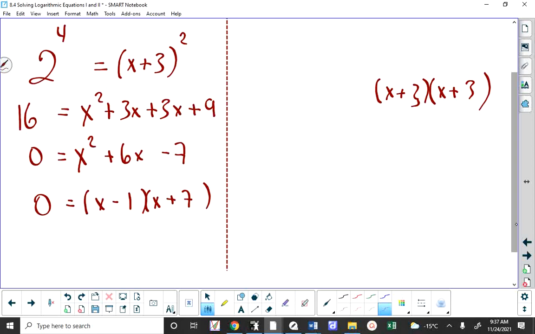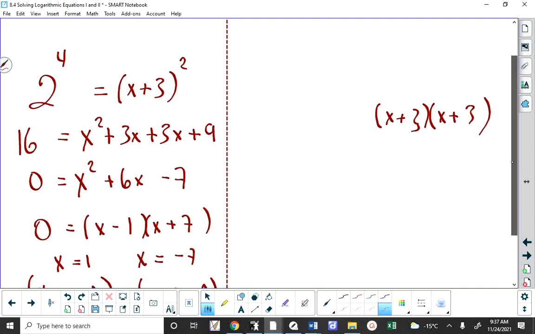We end up with two solutions here, x equals 1 and x equals negative 7, because you're really solving x minus 1 equals 0, and you're really solving x plus 7 equals 0. And now you need to do a little bit of exploring. So let's talk about x equals 1. We go to the top.